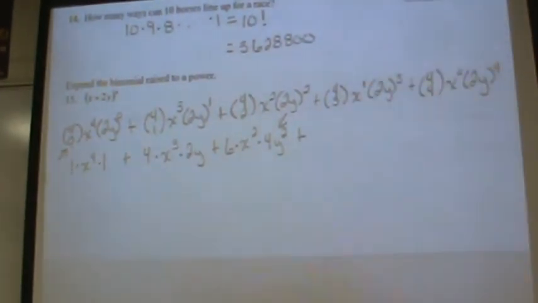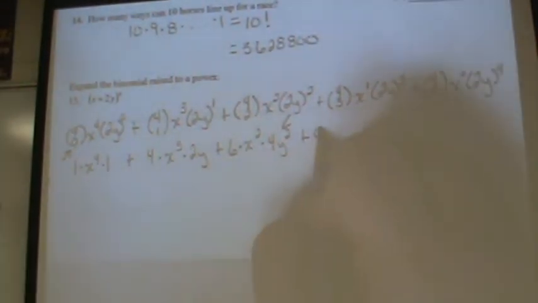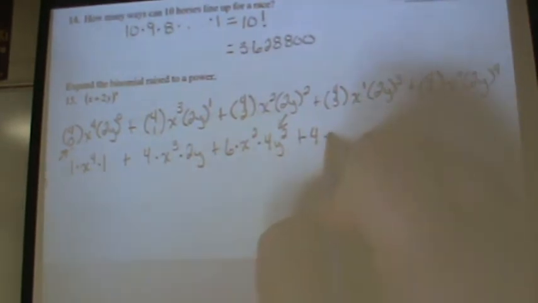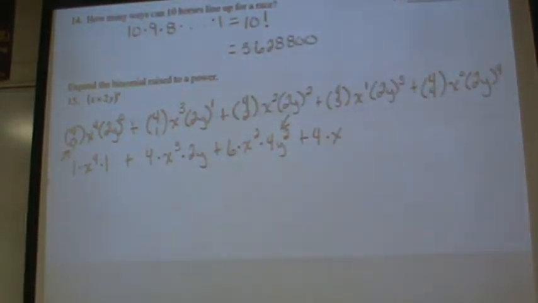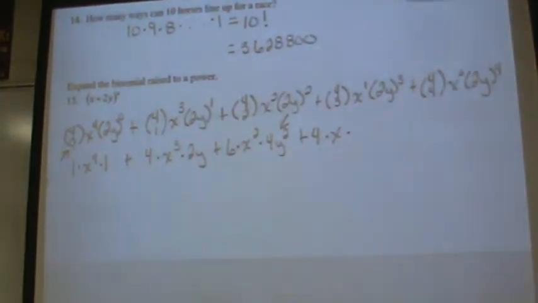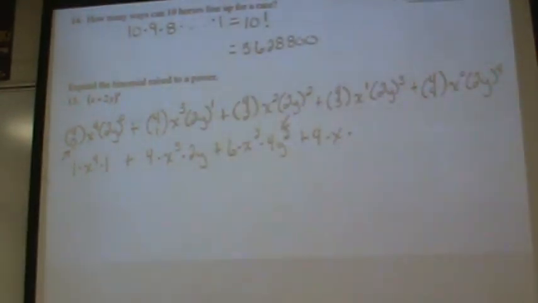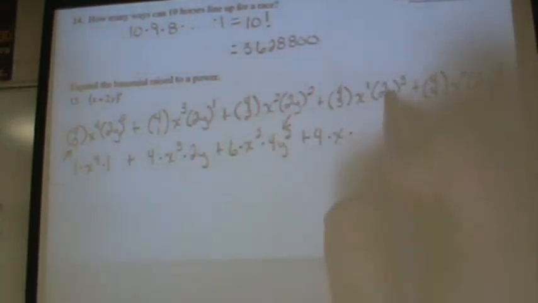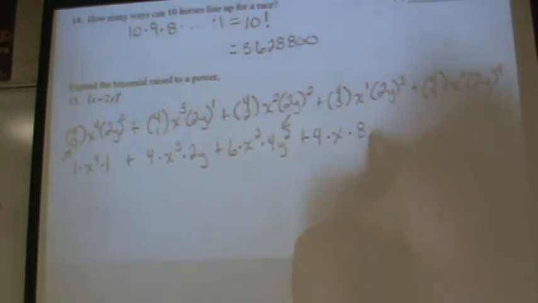And then our next coefficient is a 4 times the x to the 1st, which is just x, times 2y to the 3rd. So again, we have to distribute that cube. So 2 cubed is 8, and then we have y cubed.